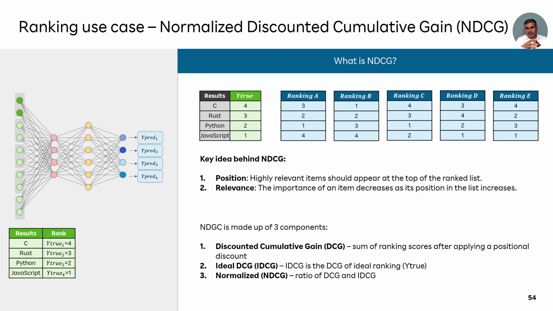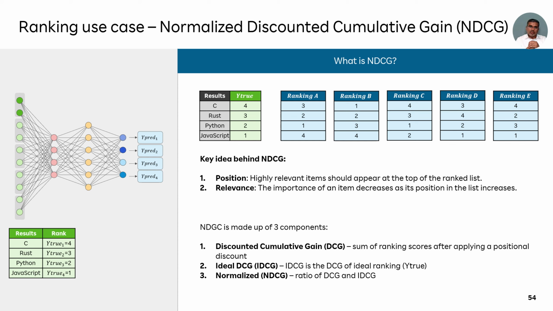The key idea behind normalized discounted cumulative gain, which we'll also call NDCG, is that highly relevant items should appear at the top of the ranked list. So essentially, you're ordering your items with the top being the highest and the bottom being the lowest in terms of ranking. And obviously, the relevance goes down as you go down the list.